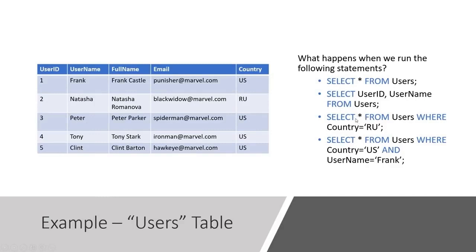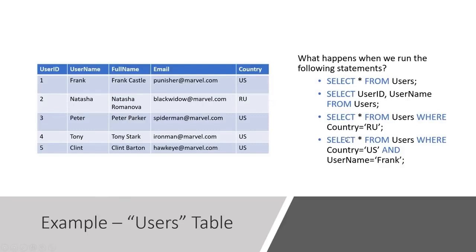Let's say we want to grab everything from users, but only where the country is equal to Russia. If we only pull from Russia, then we're only pulling out Natasha here, because she's the only Russian in this group of 5. So if we ran that query, we would pull out Natasha.